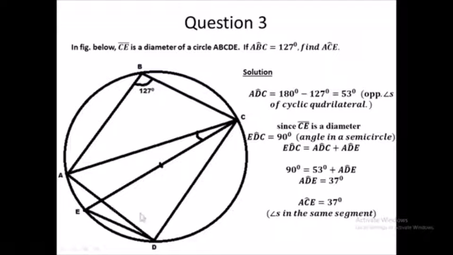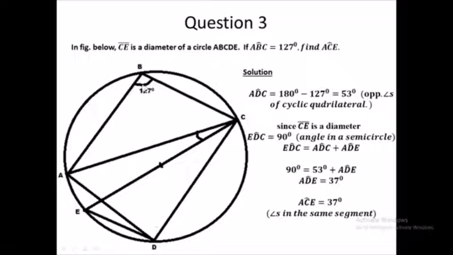Also, you can see that there's a relation between this angle D here and this angle 127. There's a relation between angle ADC, this angle here, and this angle 127. Because this line 1, 2, 3, then 4, this is a cyclic quadrilateral now. I know that opposite angles in a cyclic quadrilateral are supplementary because they add up to 180 degrees.